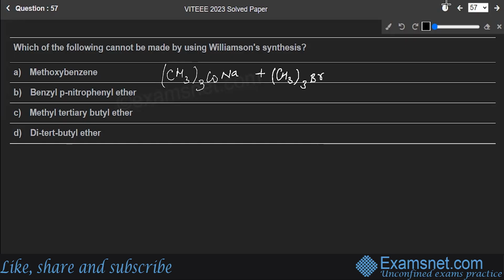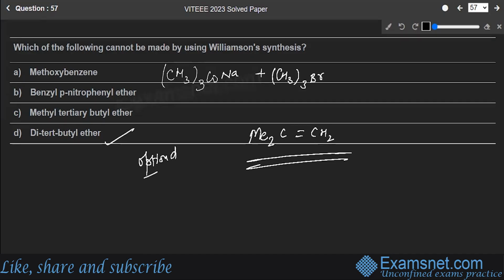However, tertiary alkyl halides tend to undergo elimination reaction rather than substitution, leading to the formation of alkene, that is Me2C=CH2. So you have the option as the correct answer.